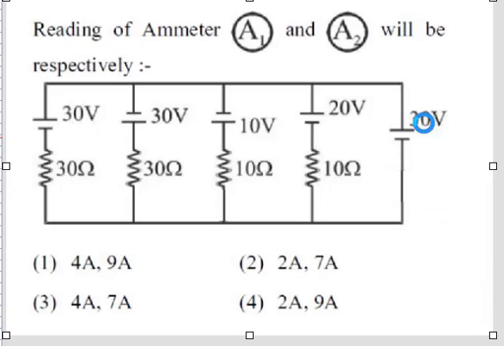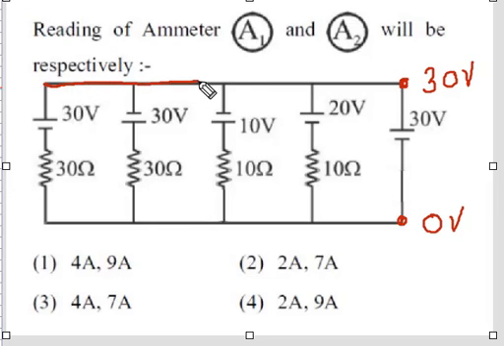There is a 30 volt cell, and in that cell the potential difference is 30 volt, negative side bottom, positive side top. So let us take this potential as 30 volt and this potential as 0 volt. The difference in potential is 30 volt, and this 30 volt is applicable up to all these points.